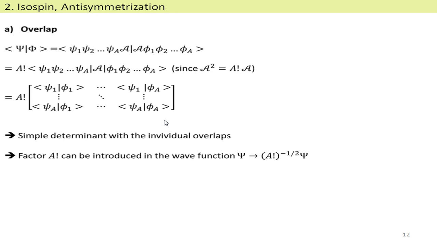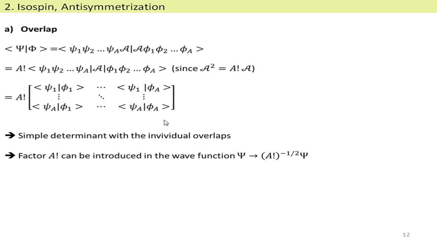So we write here the overlap between these two Slater determinants. You have on the right side the antisymmetrization operator acting on the orbitals phi, and on the left side on the orbitals psi. And then we saw a few minutes ago that A squared is equal to A times this factorial A here.